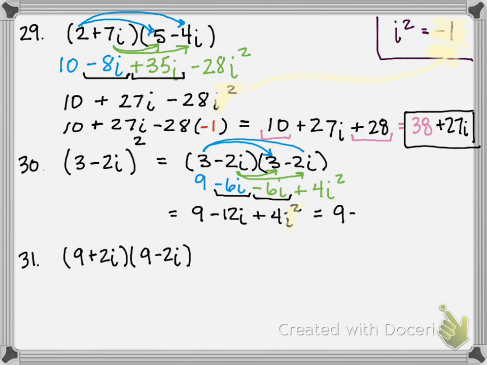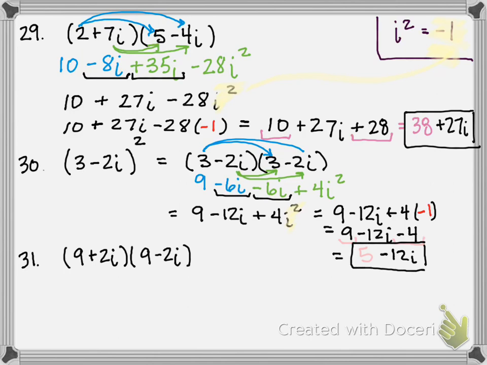We're going to have 9 minus 12i plus 4 times, plug in that negative 1, and we'll get 9 minus 12i minus 4. Like terms, 9 minus 4 would give us 5, and bring down your minus 12i.